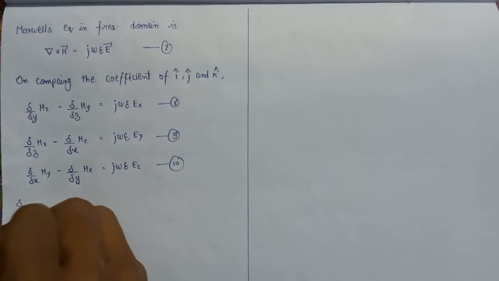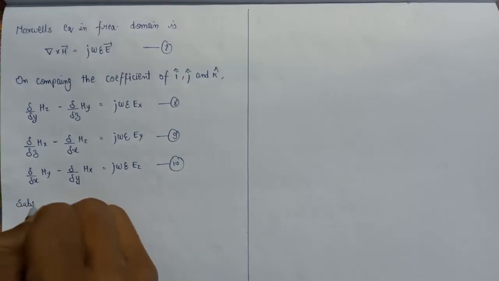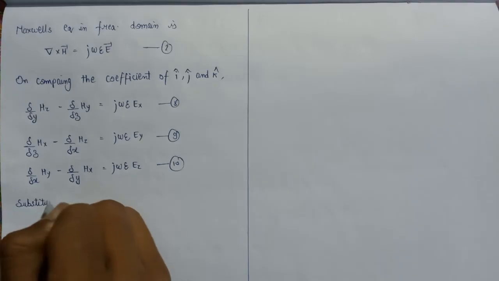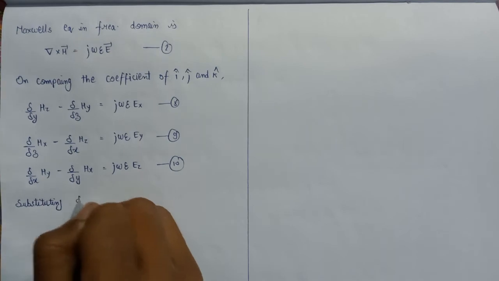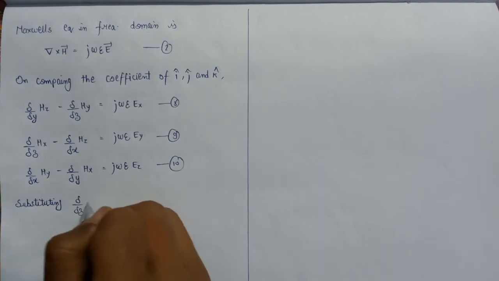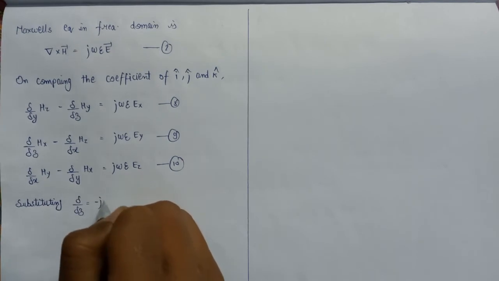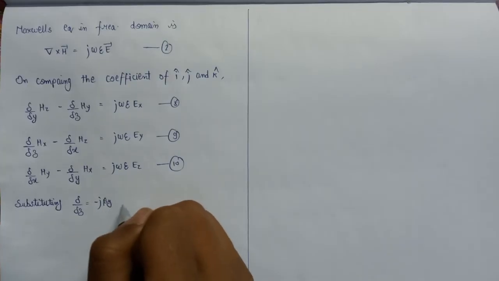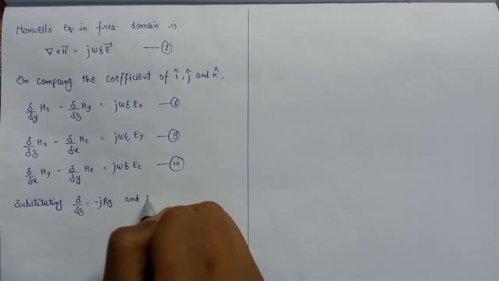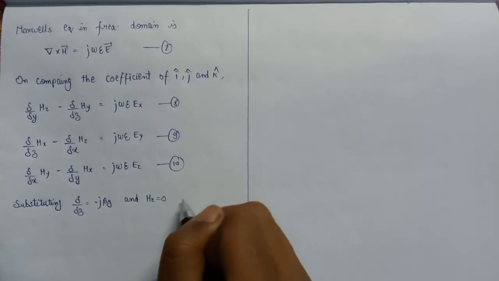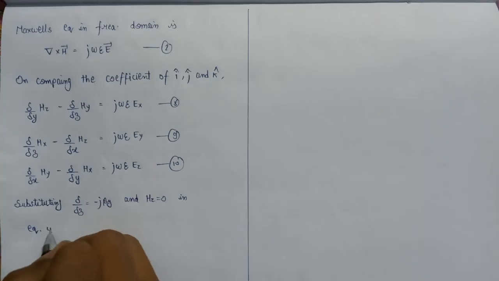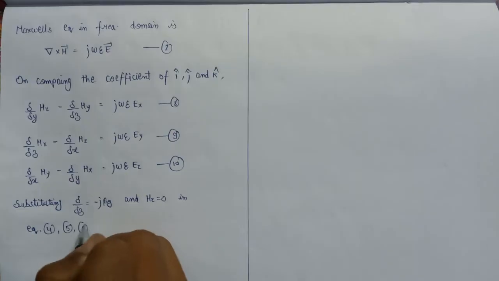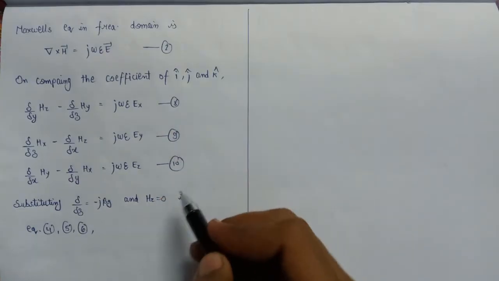So substituting del over del z equals to minus j beta g, and Hz equals to 0 in equation 4, equation 5, 6 as well as 8, 9 and 10.